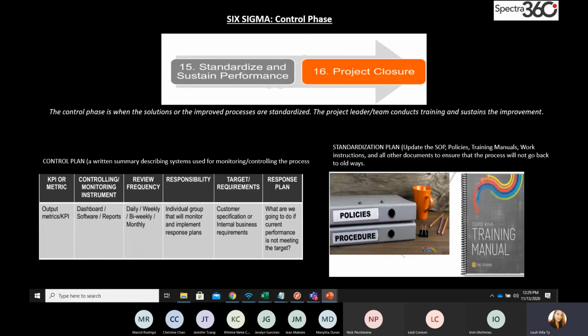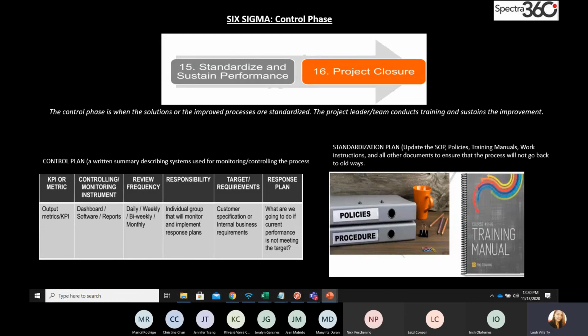You will implement that. True or false? When the solution is low cost, high value, then the solution should be proceeded. True or false, Christine? True. Very good, Chris.